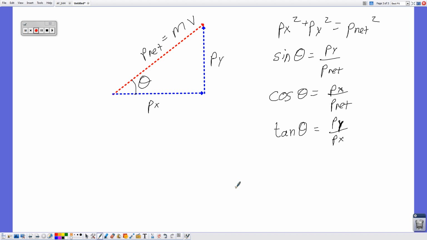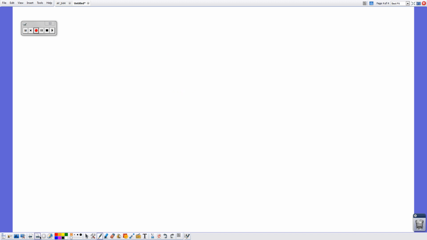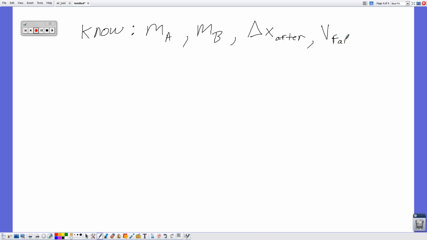Here's the thing that you need to do in your case files. You will know mass A, you will know mass B, you're going to know the delta x for after the crash, and you're going to know V final for after the crash.